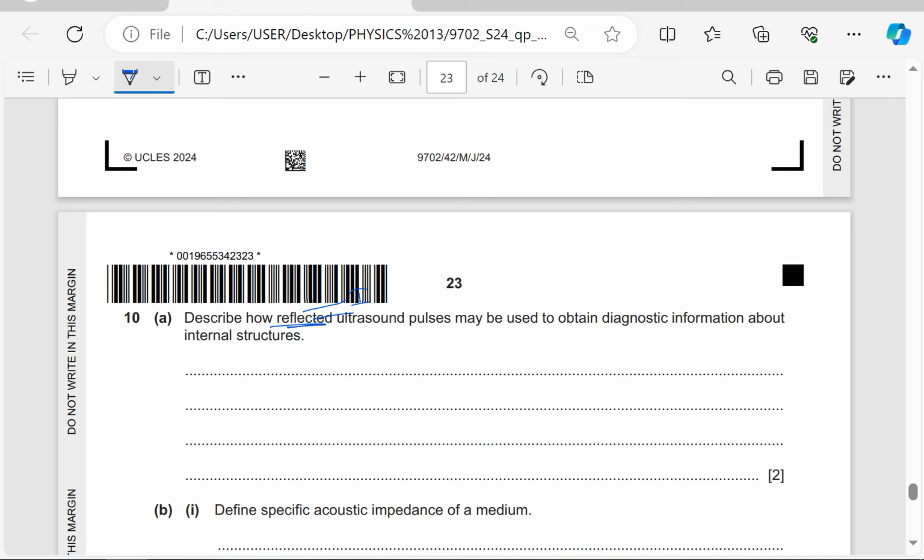So I will simply say intensity of a reflected pulse gives information about the nature of the boundary.